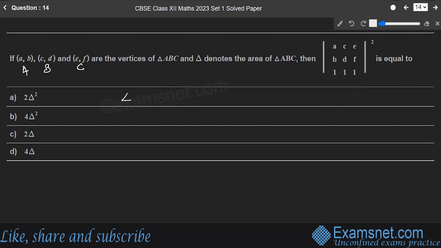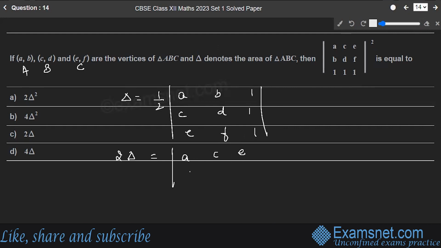Then the area of the triangle in the matrix form will be given by half the determinant of [a b 1; c d 1; e f 1]. So you can write down 2 delta is equal to the determinant of [a c e; b d f; 1 1 1].